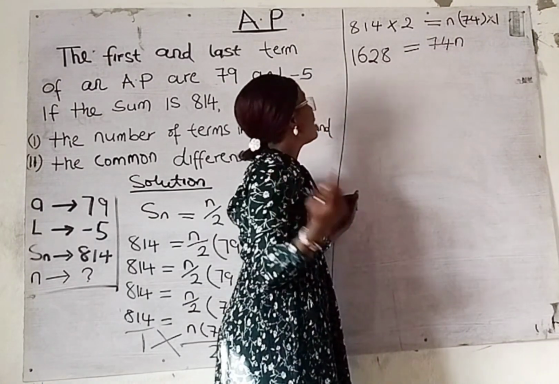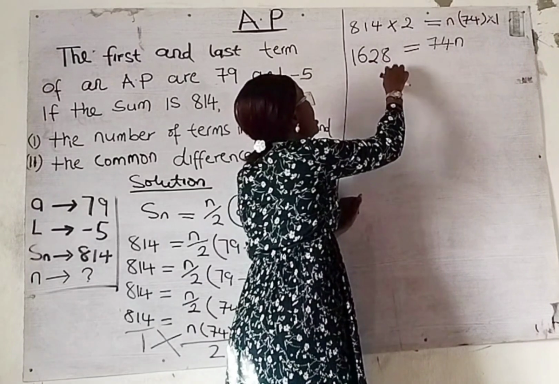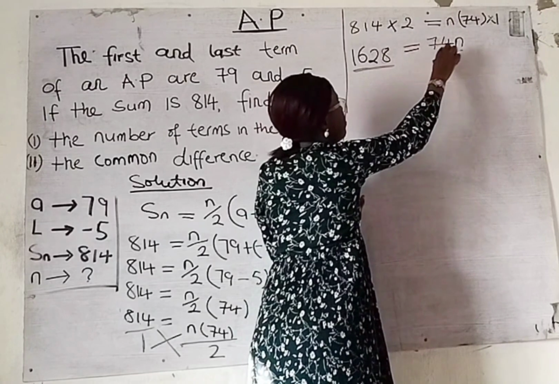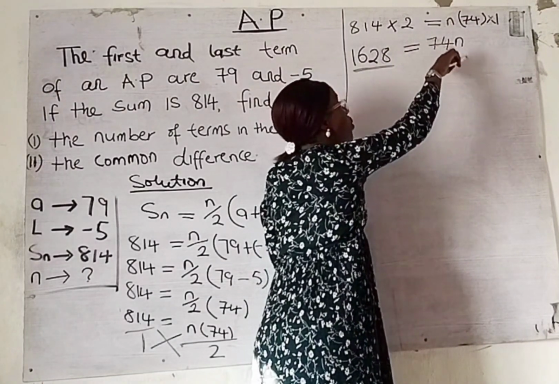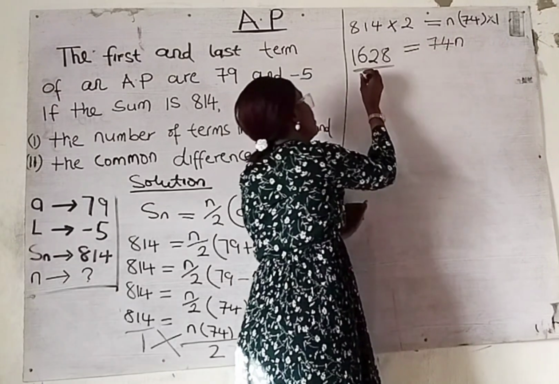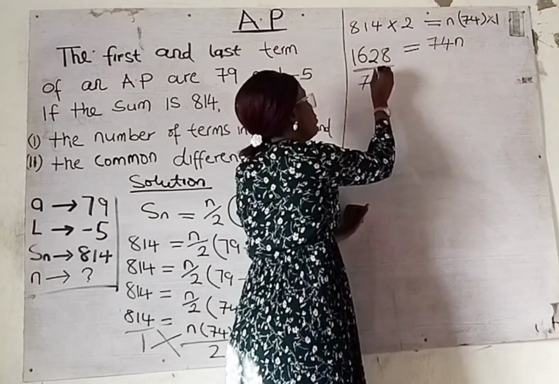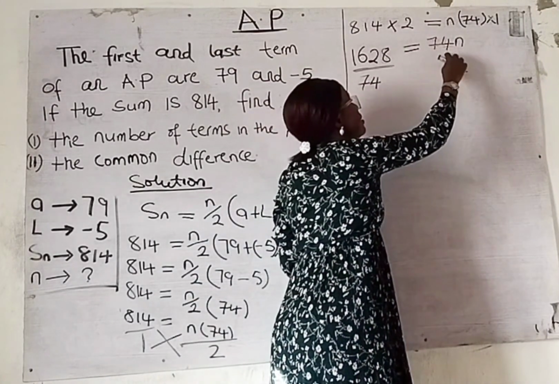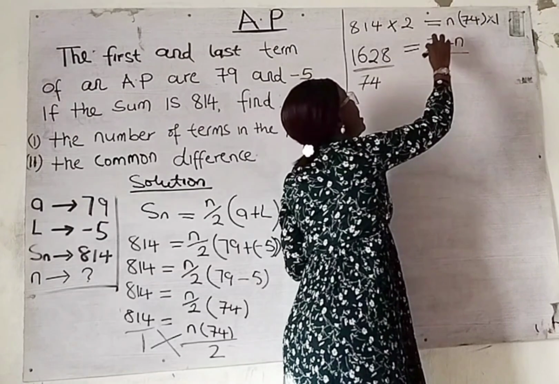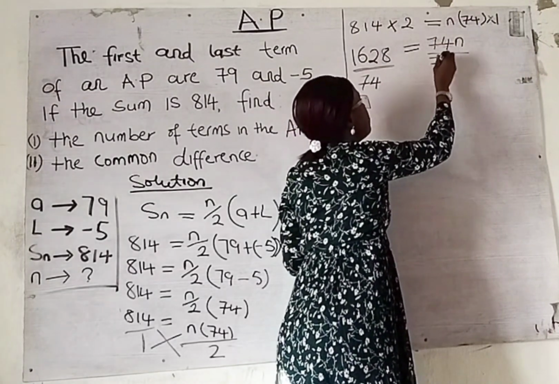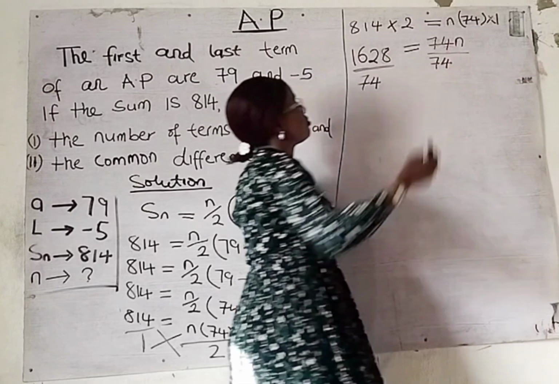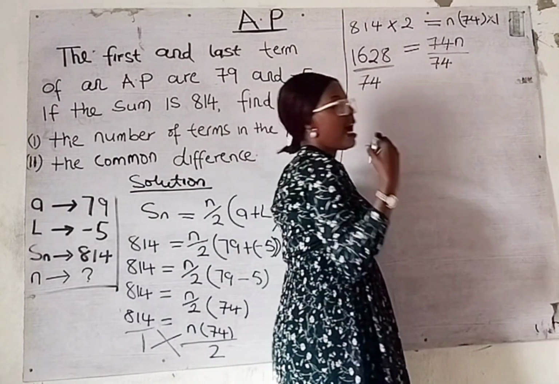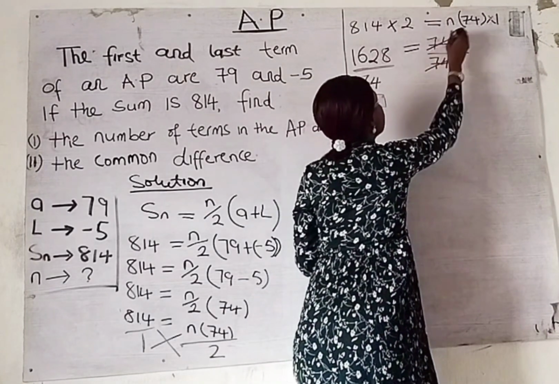Okay, so because of that, I say 1628 divided by 74. I said earlier 74 is the coefficient of n, so divided by 74 is equals to 74n divided by the same 74. And if I divide, 74 cancels 74.